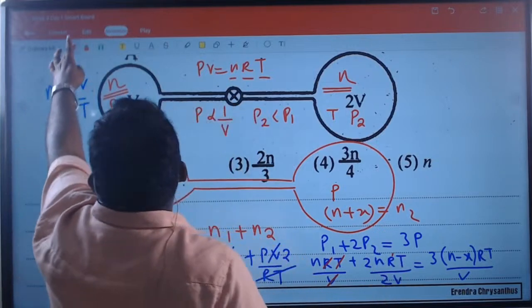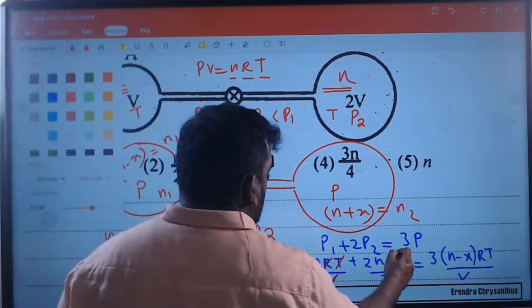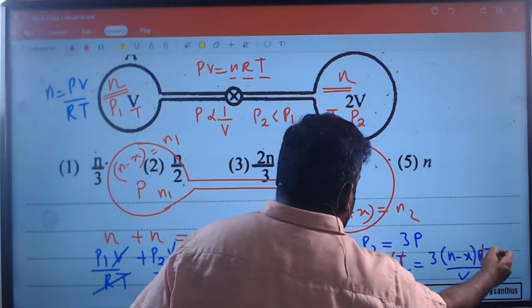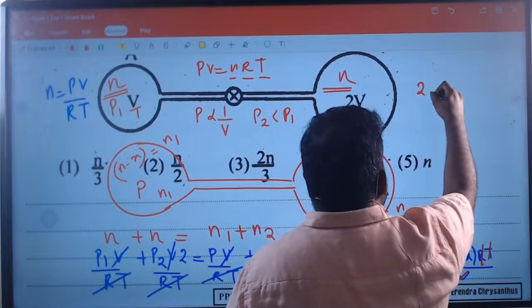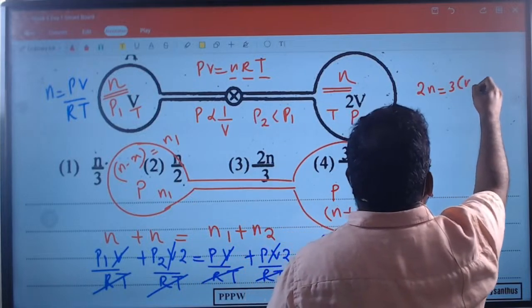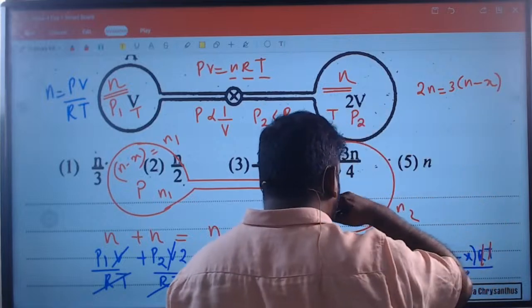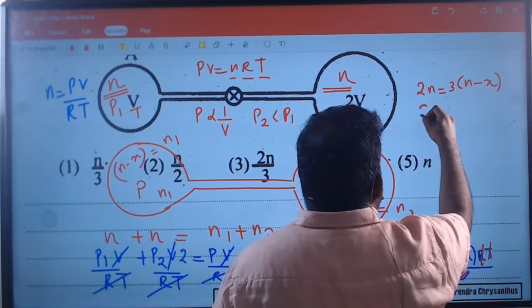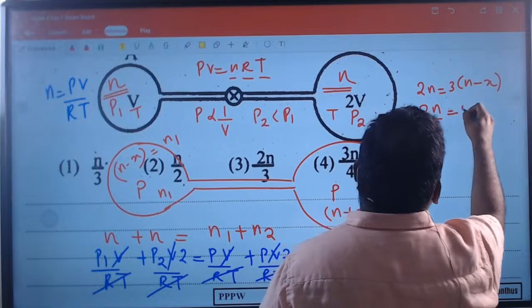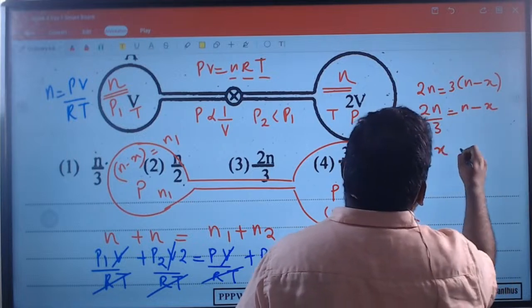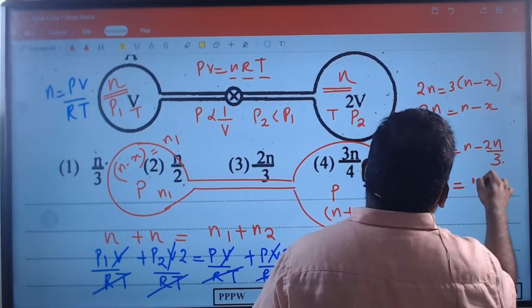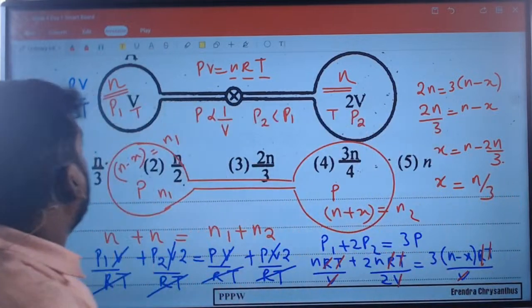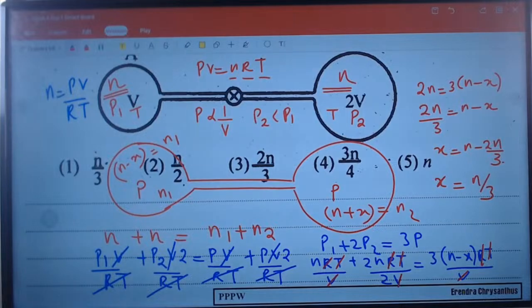Here 2n equals 3 times (n minus x). So 2n over 3 equals n minus x. X is n minus 2n over 3. X equals n over 3. Right.